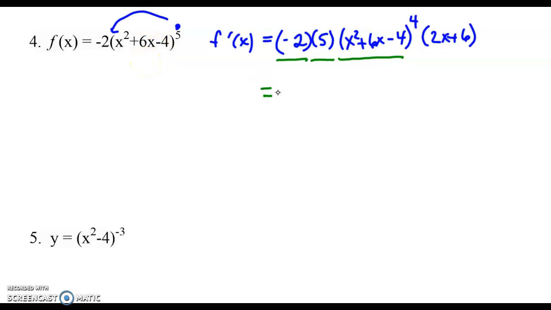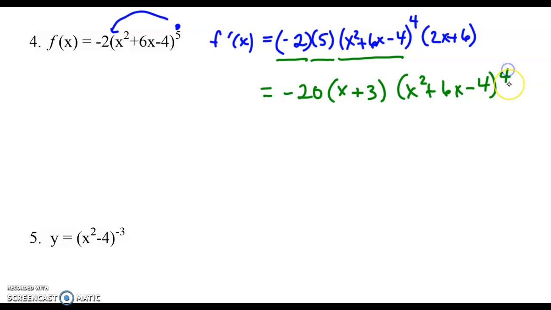And if we reduce that, our answer becomes minus 20. Okay, -2 times 5 times the 2 you factor out here, times x plus 3, x squared plus 6x minus 4, all to the power of 4.